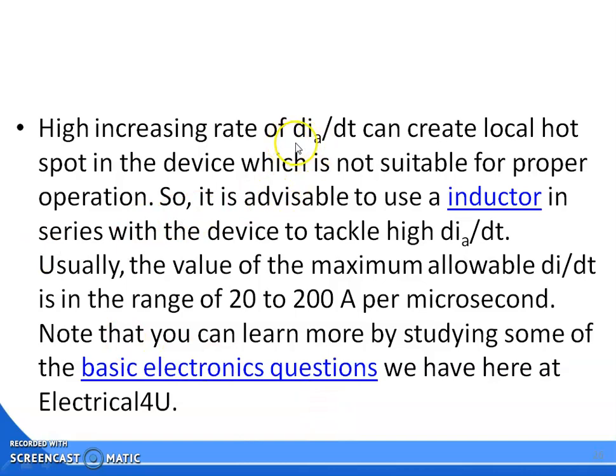A high rate of di/dt can create a local hotspot in the device, which is not suitable for proper operation. So it is advisable to use an inductor in series with the device to tackle high di/dt. Usually the maximum allowable di/dt is in the range of 20 to 200 amperes per microsecond.